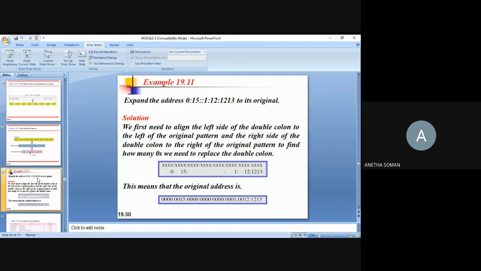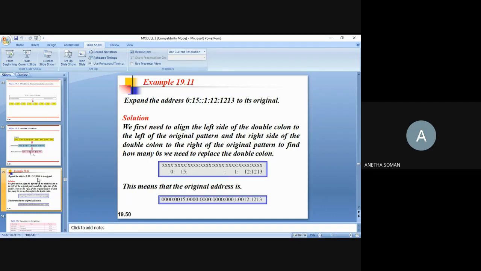So if a double colon is given in the address, you write down the 32 X's and put a colon after every 4 hex digits. Then replace the corresponding hex digits depending upon the question. Where the double colon is, stop there and go to the extreme right end. Fill that in and find out how many X's are not marked.